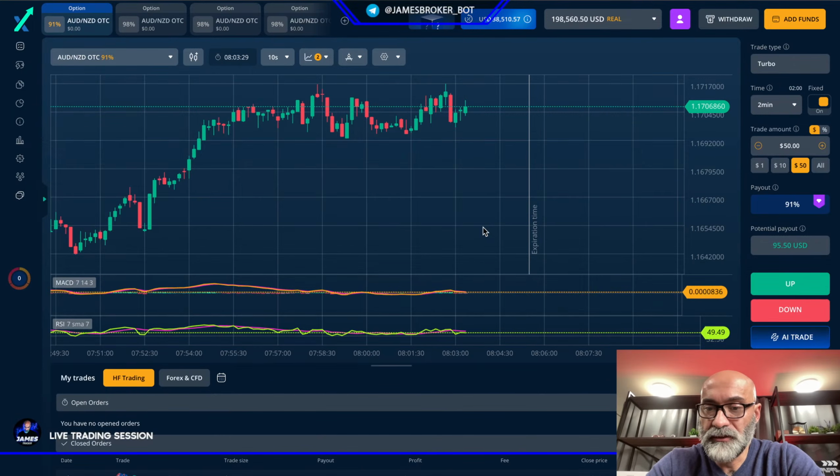The market is reacting really well. You see that? Green candles growing. You can see it's kind of a battle here between buying and selling, but that's fine. Today I'm fully determined to make really good trades.